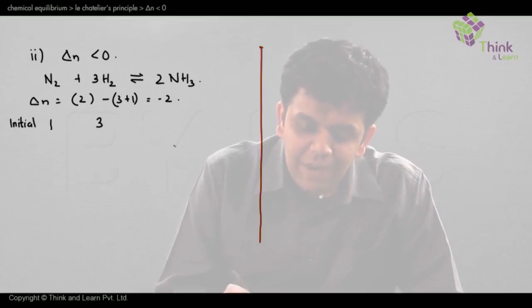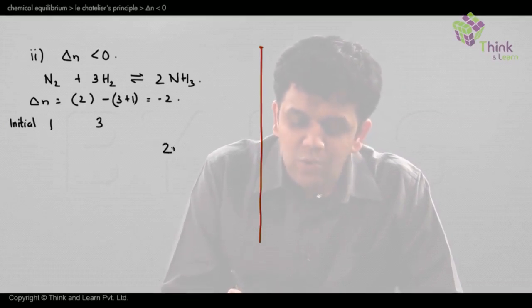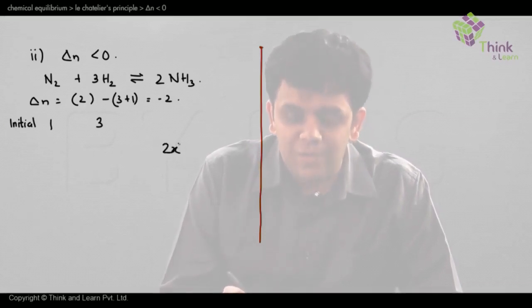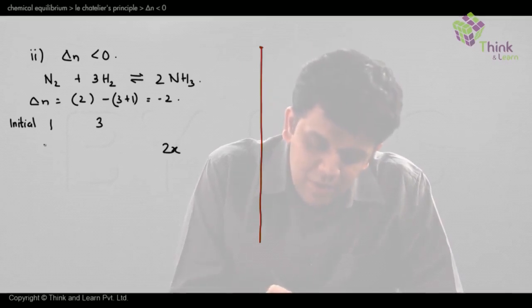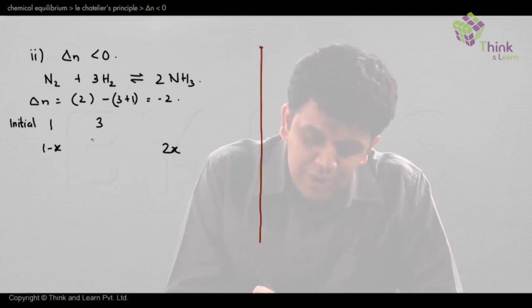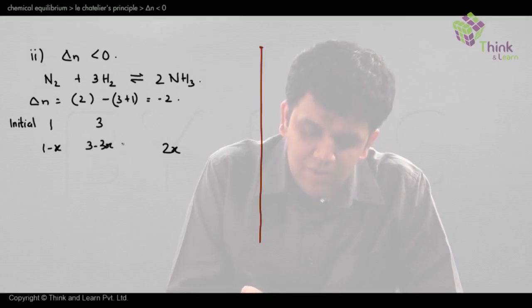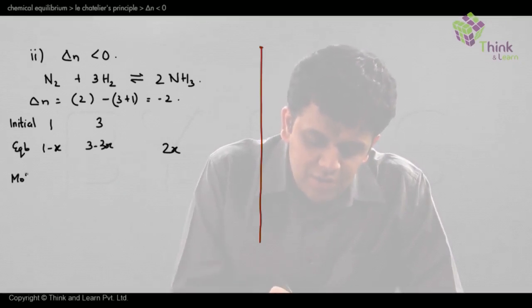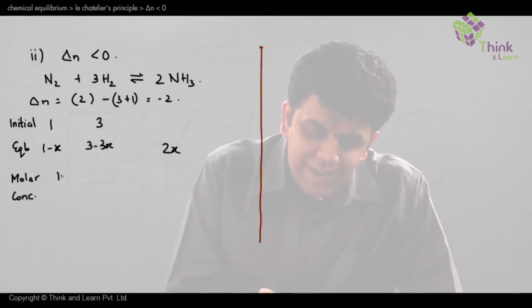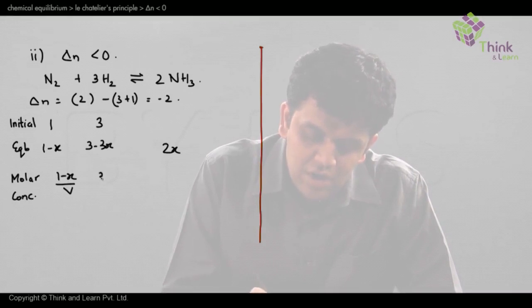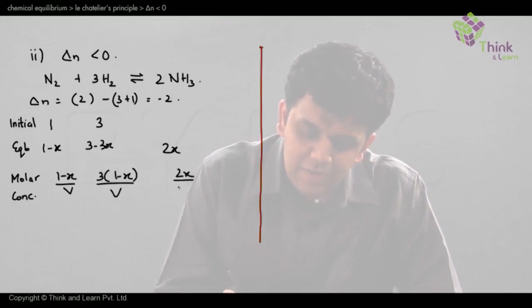Now, at equilibrium, if we assume 2x moles of ammonia to be formed, then we will have 1 minus x moles of nitrogen remaining and 3 minus 3x moles of hydrogen remaining. In terms of molar concentrations, we will have 1 minus x by V, 3 into 1 minus x by V and 2x by V.